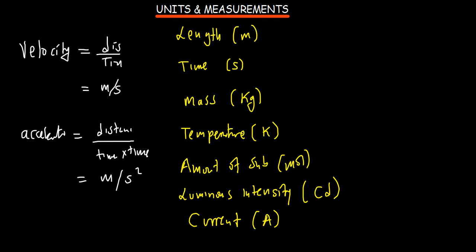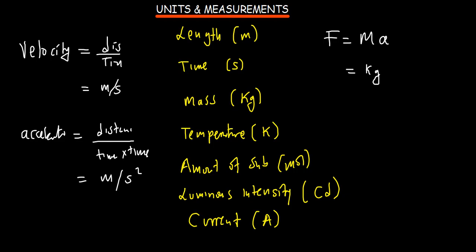Another thing I want to talk about is, let's say, force. Now, force has got a lot of formulas. For example, if you look at Newton's laws of motion, you are going to find that force is mass times acceleration. So you can find the unit for force by using this formula. The SI unit for mass is kg.